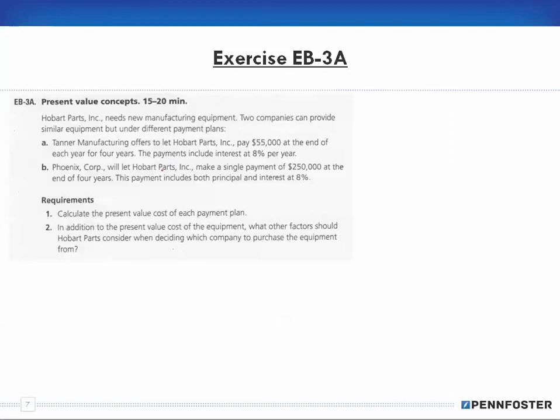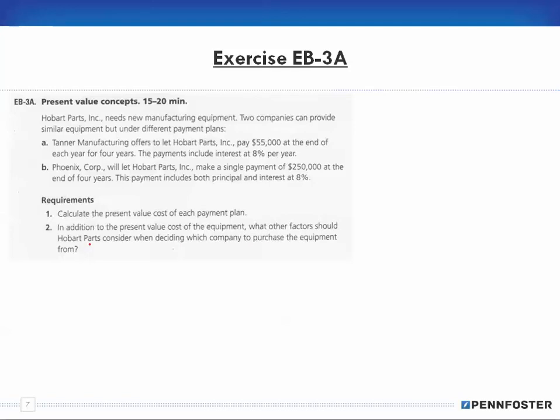Now, if you just pause for a moment and think about which one would be more beneficial, without doing the math, different people are going to choose A and some are going to choose B. The only way to know which one is the best is by actually working it out. So it says here, requirements: 1, calculate the present value of each payment plan. And 2, in addition to present value cost of the equipment, what other factors should Hobart Parts consider when deciding which company to purchase the equipment from?